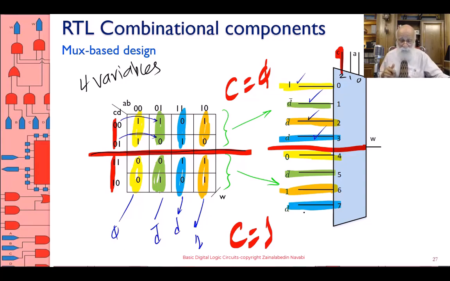All right. So what I've done is I have turned a 4-variable map into a single multiplexer, no logic on the outside whatsoever. What if I have a 5-variable map?